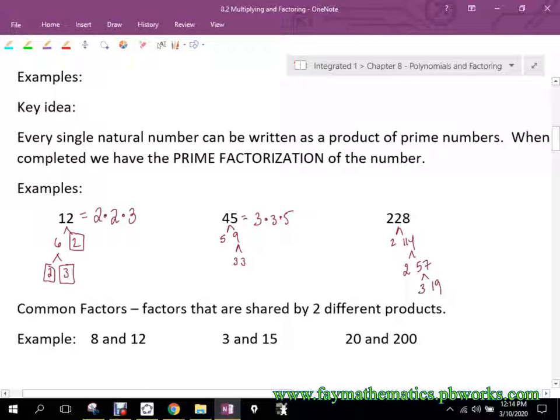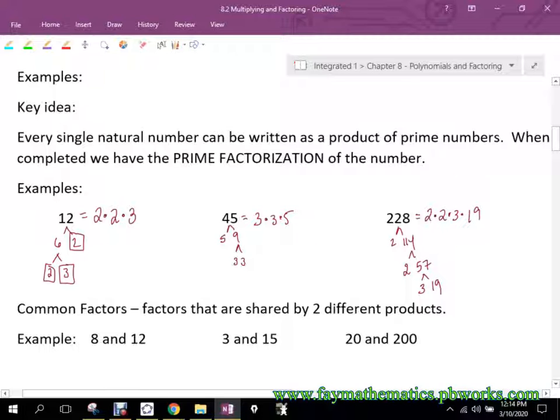What divides 19? Nothing. I mean, what's 19? 19 and 1. So 19 is what kind of number? Prime. So I stop there. So when I multiply this, I get 2 times 2 times 3 times 19, right?